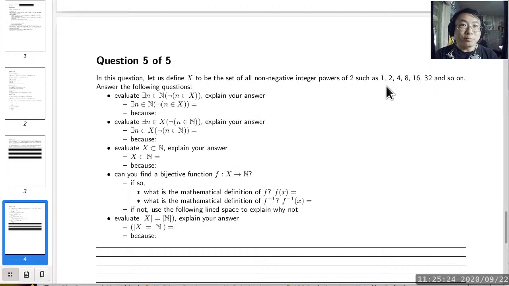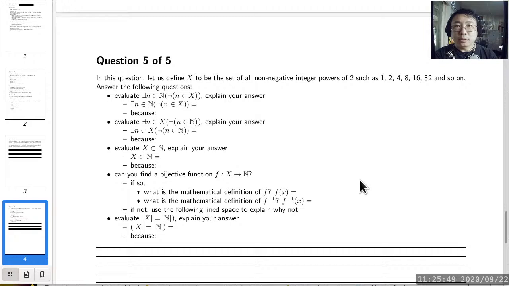We can start with 0. Where is 0 in x? 0 is not in x, which makes this particular expression true. Since this is an existential quantifier, we only have to find one particular element in n to make whatever is highlighted true for the entire existential quantifier to be true. So the answer is true.